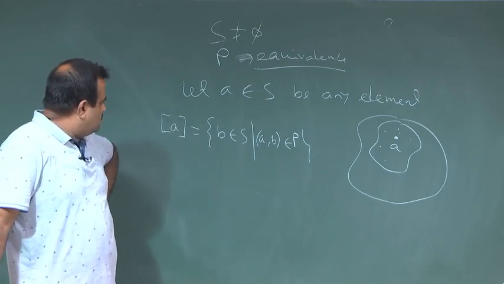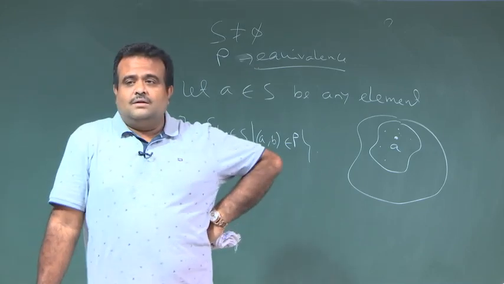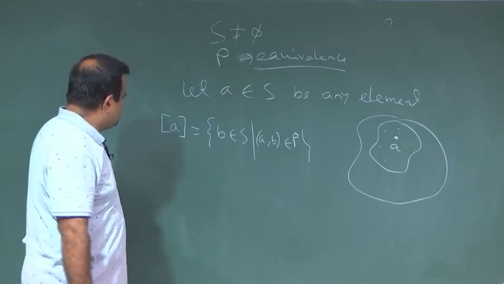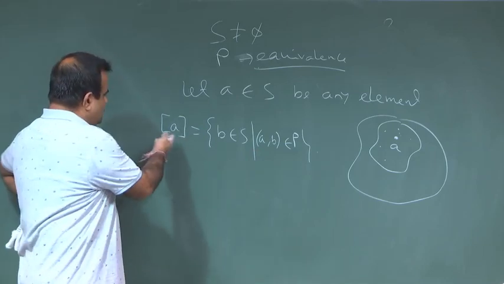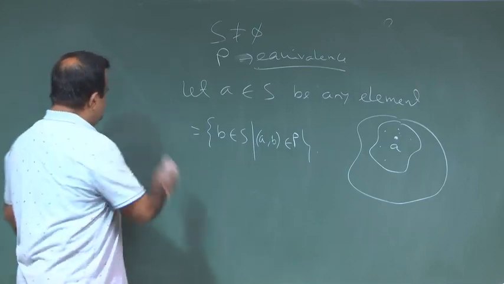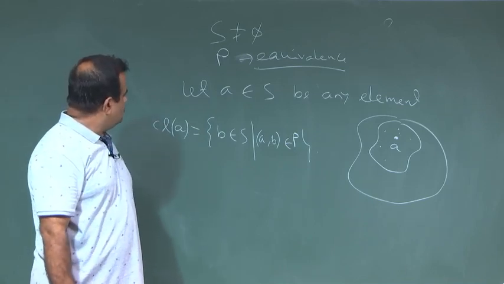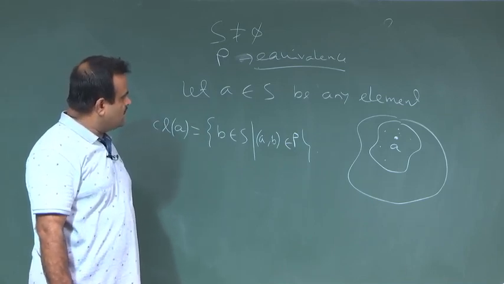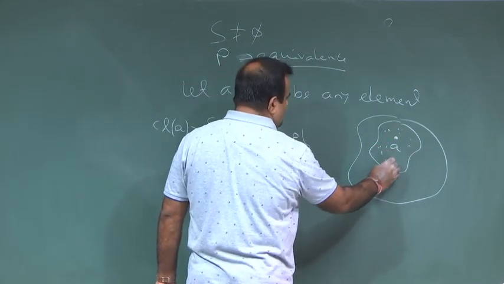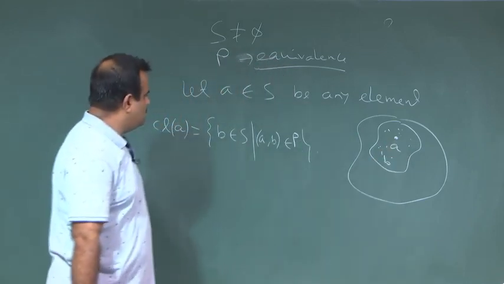The box is another notation for the integer, which is the integral part. Anyway, these two are different notations. If there is any confusion, you can use CL(a), class of a. This is the set of all elements b such that a is related to b.